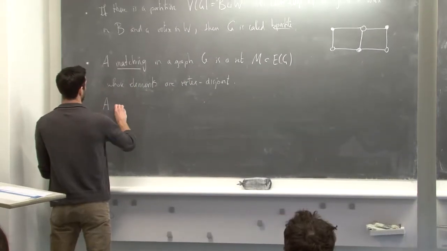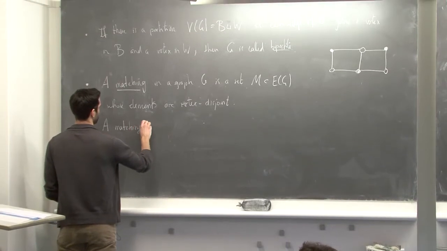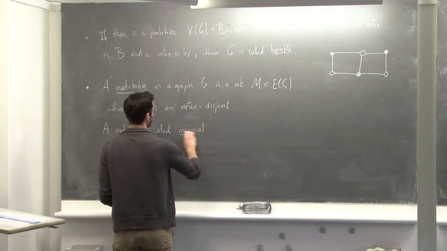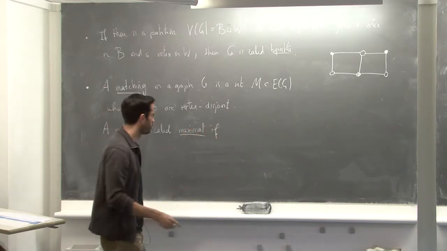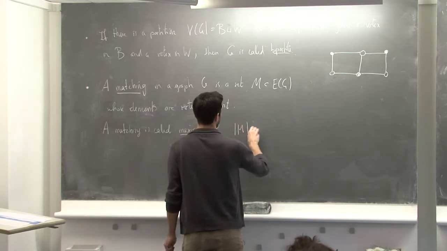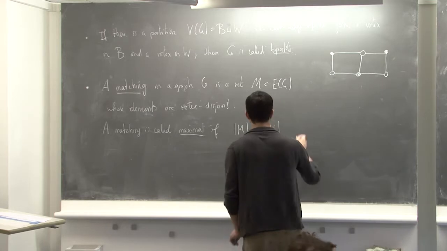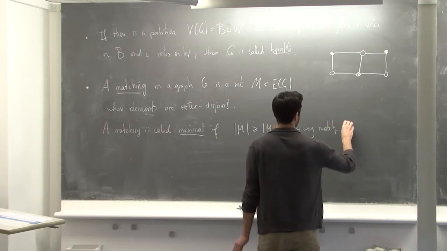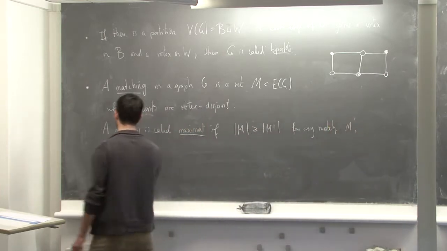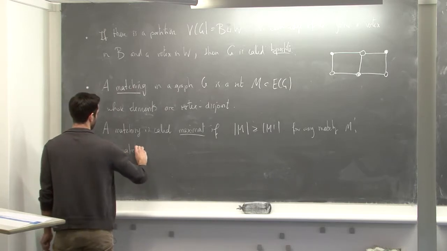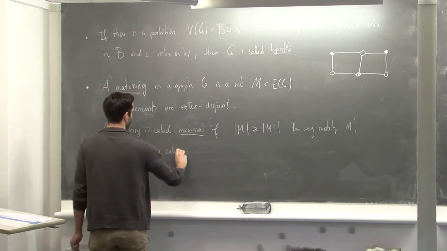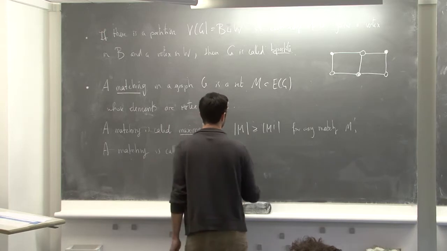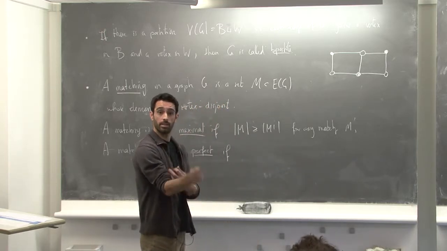A matching is called maximal if its size is greater or equal to any other. And finally, a matching is called perfect, a perfect matching, if it matches all the vertices of the graph.